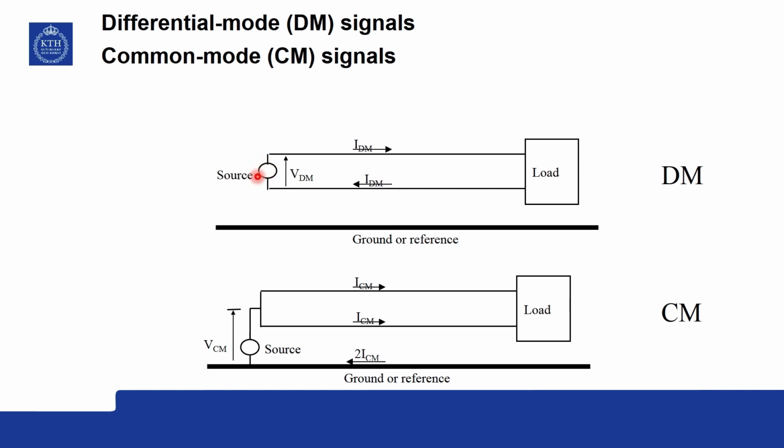The source is producing some current, it can be alternating current or DC. So, this shows one instant of time. You have a current flow like this and a return current of equal magnitude like this. So, this current and this current are the same, but opposite in direction. So, this is called a differential mode.